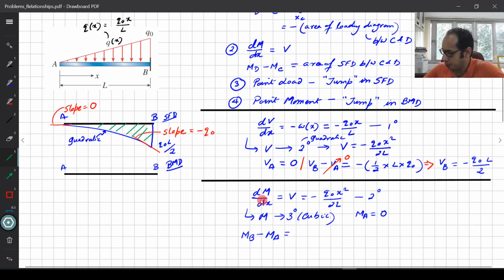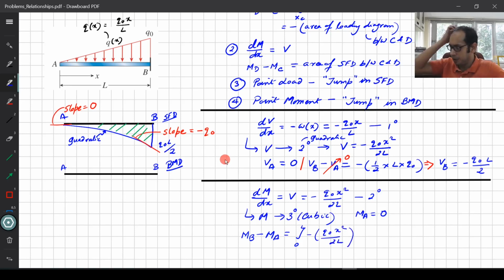So what is going to be MB minus MA? I have the expression for V, so it is going to be the integral from 0 to L of negative Q naught x square by 2L. That will give L cube by 6, so eventually you will get minus Q naught L square by 6.